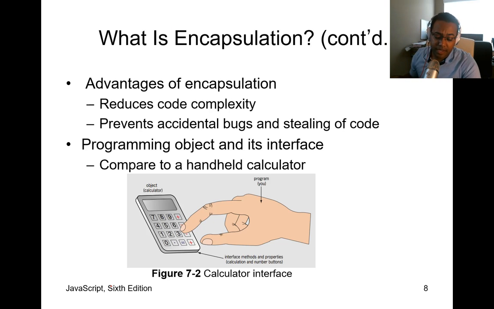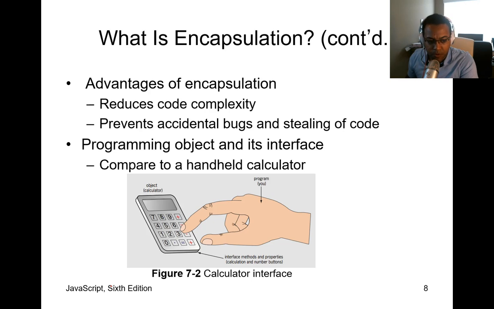So the advantage of encapsulation, as we've already stated, is that it reduces code complexity and it prevents accidental bugs and stealing of code. One other added benefit is that your algorithms stay the way they should stay. So they're using a calculator, an actual handheld calculator, as an example.